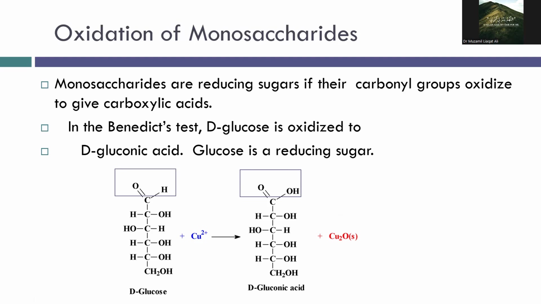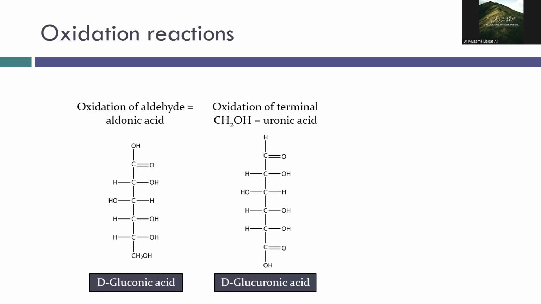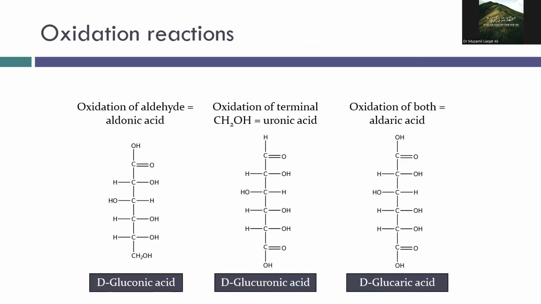The next is the oxidation of the primary alcohol at carbon 6, the formation of uronic acid, the formation of glucuronic acid, that is vital for the detoxification of bilirubin and certain drugs, right? Next is the oxidation of both ends, aldaric acid, the glucaric acid formation, right? These oxidized products have important physiological and biochemical importance, and along with that, they have important diagnostic roles, right?